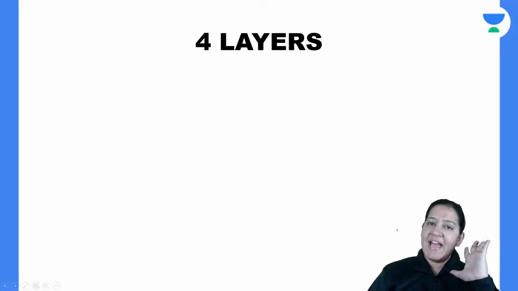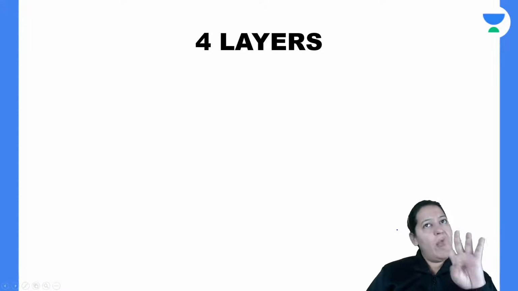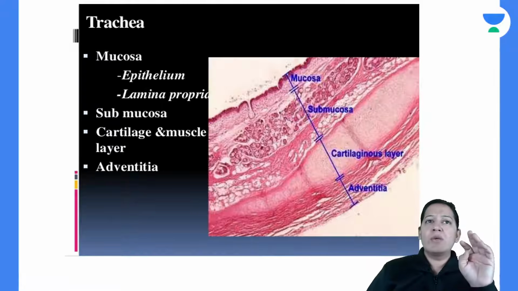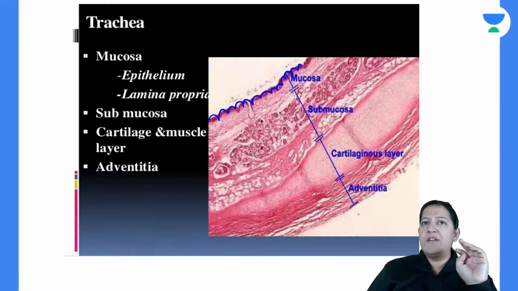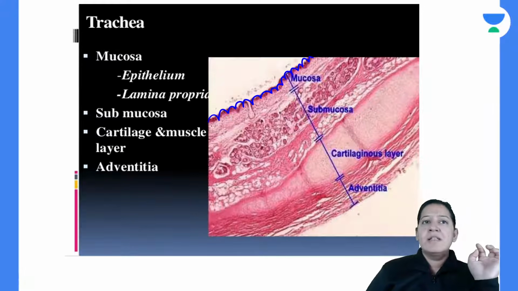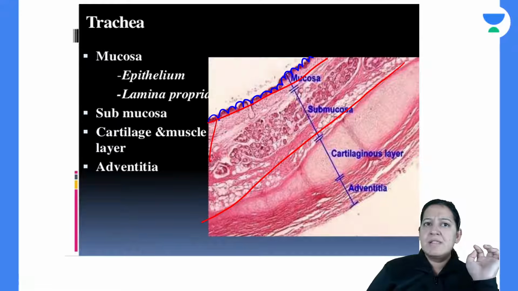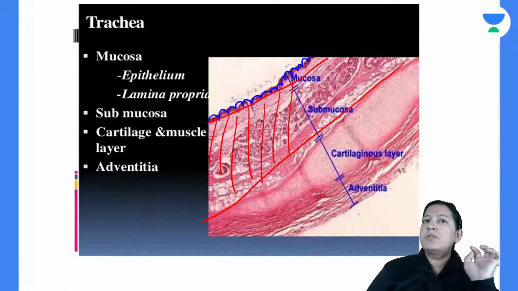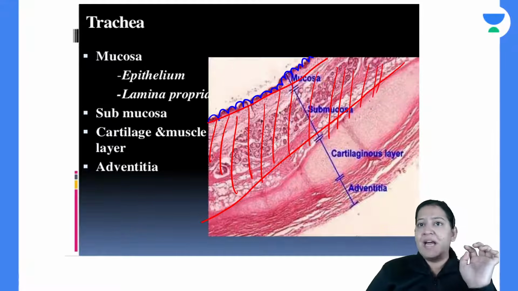Now, in the entire respiratory tract, you have 4 layers. The innermost layer is known as mucosa. Let me mark mucosa here. This is mucosa, pseudo-stratified ciliated columnar epithelia. The second layer is the submucosa. In the submucosa, you have glands.